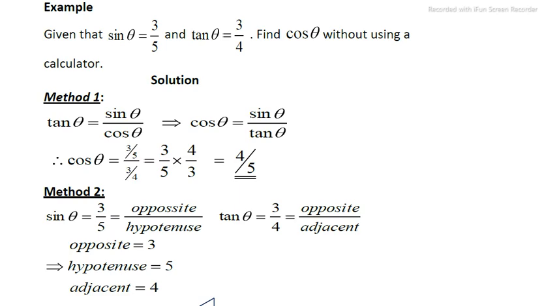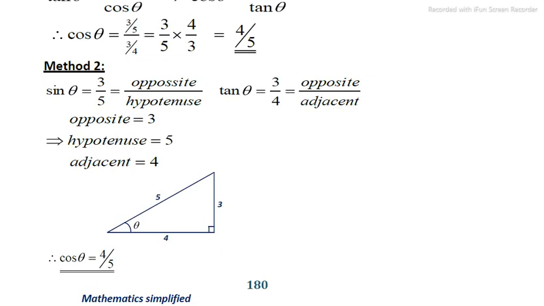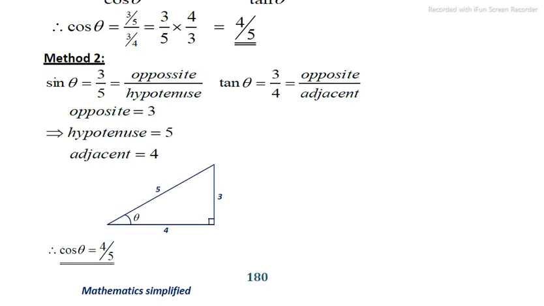That is method 1, but we can also do it the other way around. We know that sine theta equals opposite over hypotenuse, and tan theta equals opposite over adjacent, meaning we can draw our triangle and indicate this. So from sine theta equaling 3/5, it means that 3 is the opposite and 5 is the hypotenuse. The same applies to tan.